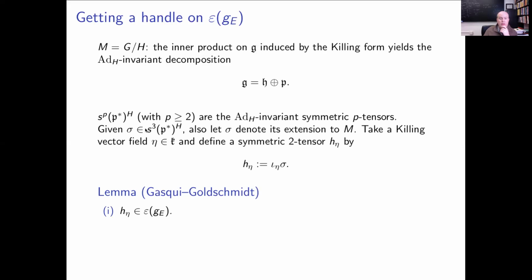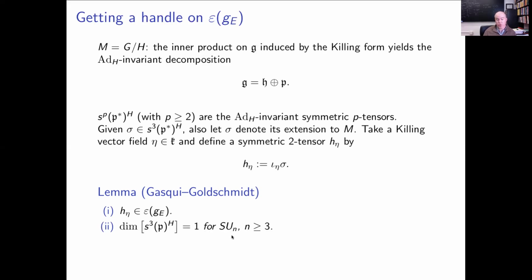If you take such a tensor and a Killing field eta, and you include eta in here, you get a symmetric 2-tensor called h_eta, assuming we have a fixed sigma, a fixed symmetric 3-tensor. We give a direct proof in the framework of differential geometry, but it follows from the work of Gasqui and Goldschmidt that such a tensor is an EID.